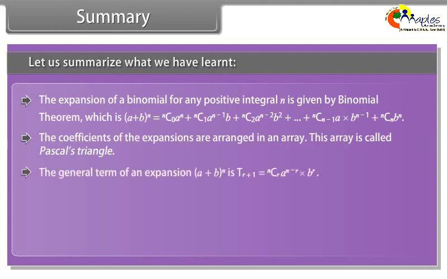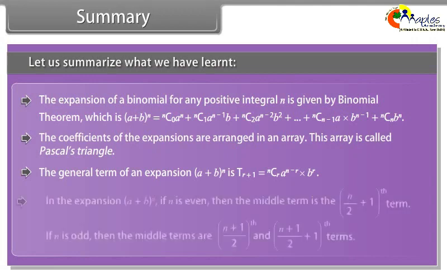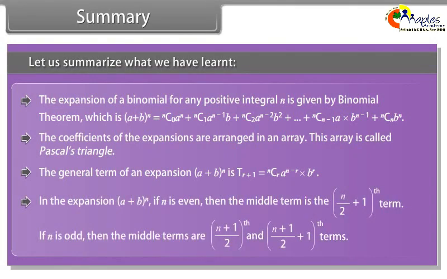The general term of an expansion. In the expansion (a + b) raised to power n, if n is even, then the middle term is the (n/2 + 1)th term. If n is odd, then the middle terms are the (n+1)/2th and the ((n+1)/2 + 1)th term.